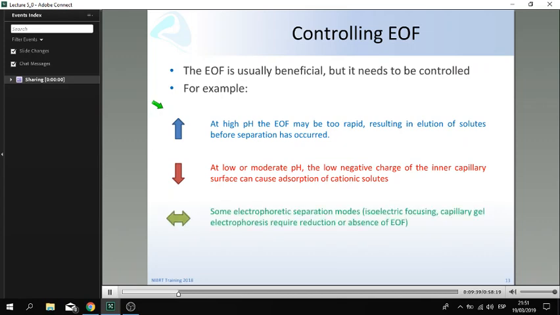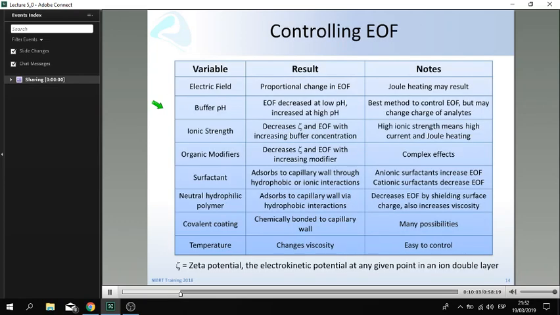And then some separation methods actually need the absence of EOF, and we need to reduce or completely neutralize EOF so it doesn't interfere with our separation mode. We'll mention that later, but things like isoelectric focusing in a capillary, capillary gel electrophoresis, or SDS-PAGE basically in a capillary, they require reduction or absence of EOF.